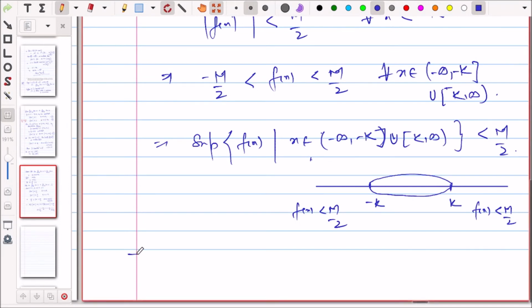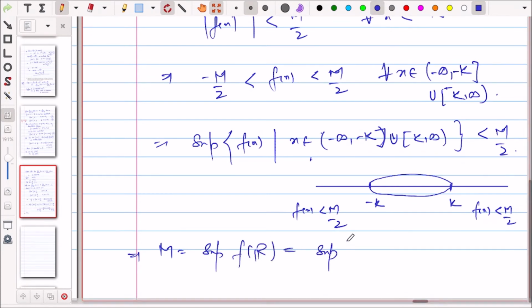So this implies M, which is equal to the supremum of f over R, must be equal to the supremum of the function f on the interval minus k to k.